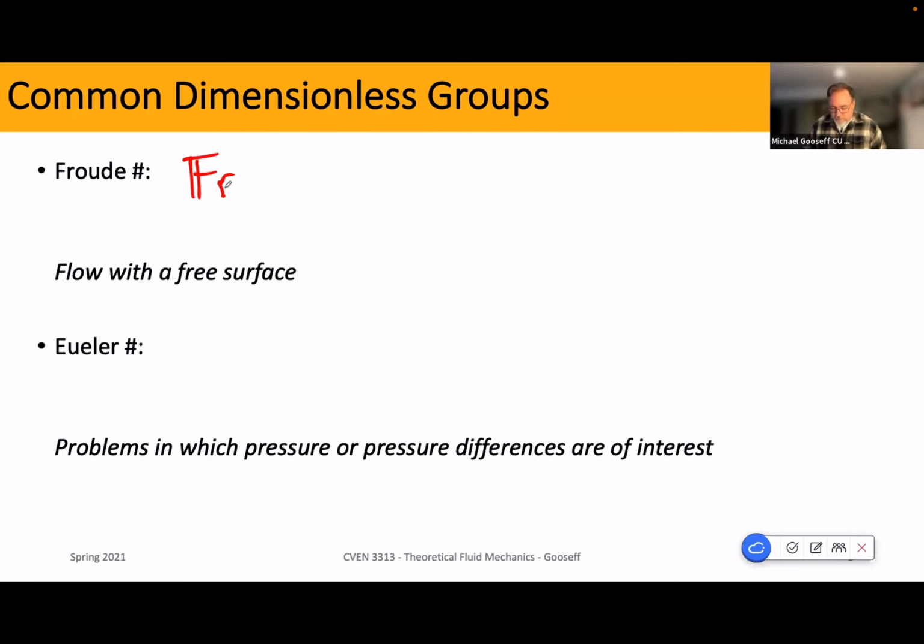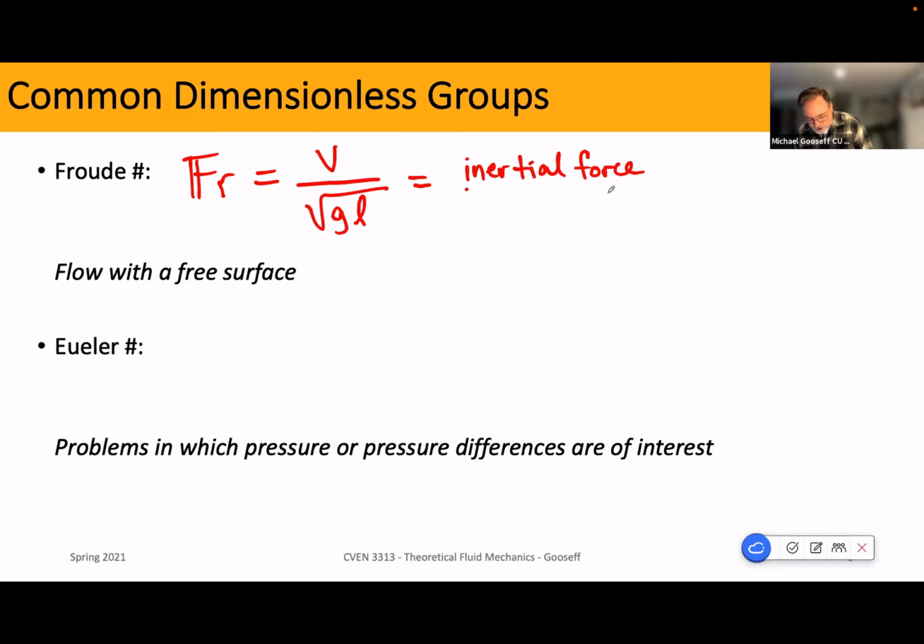So we do this double backbone to indicate it's an F. That's the ratio of velocity divided by the square root of the acceleration due to gravity times, again, some characteristic length. That could be the depth of flow. In a pipe, it could be the diameter or something like that. This is the inertial force ratio to gravitational force.